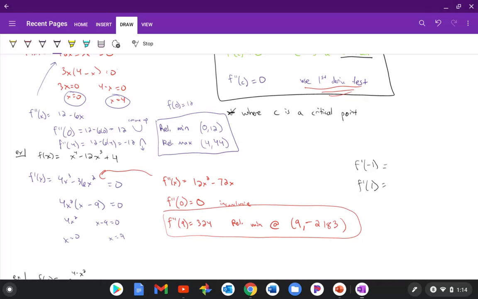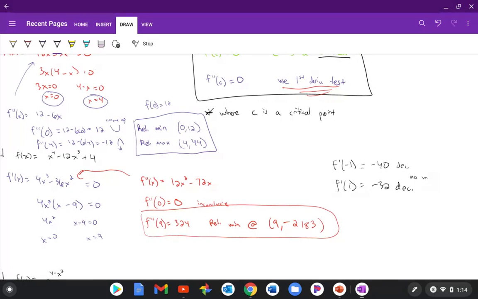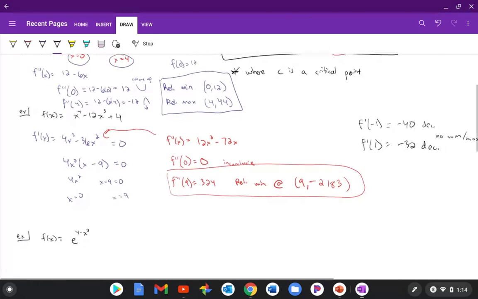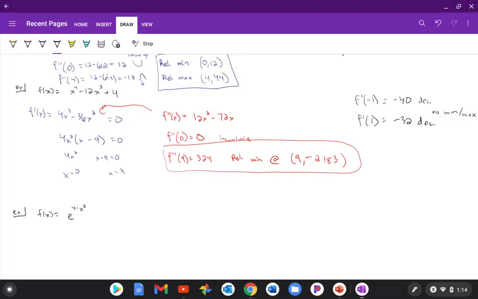When we plug in negative 1, I think we get negative 40. So that means the function's decreasing. If we plug in positive 1, we get, I think, negative 32. So it's still decreasing. Since it didn't change signs, that means there's actually no min or max there. It just kind of leveled off and then it kept decreasing. So turns out there was nothing we could tell.